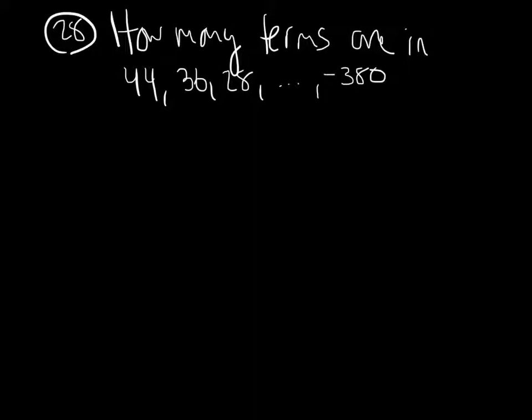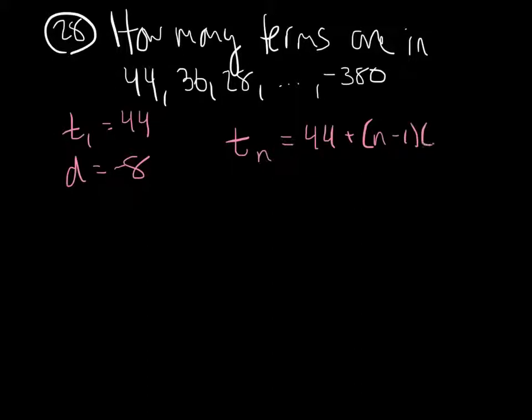Alright, so there's a couple of different ways I can do this. In this particular way, I know t sub 1 is equal to 44, d is equal to negative 8. So my term is t sub n is equal to 44 plus n minus 1 times negative 8. Okay, so I've got 44 minus 8n plus 8, or t sub n is equal to 52 minus 8n.